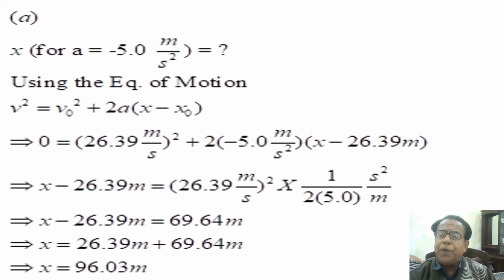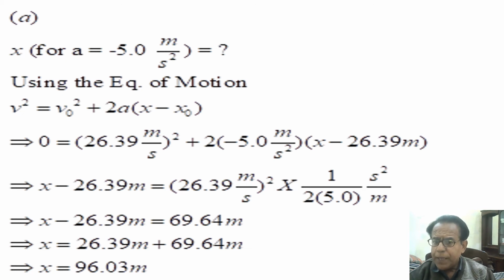It will become 1 over 2 into 5.0, and instead of meter per second square it will become second square over meter. This is quite a simple simplification, with no need to explain it.